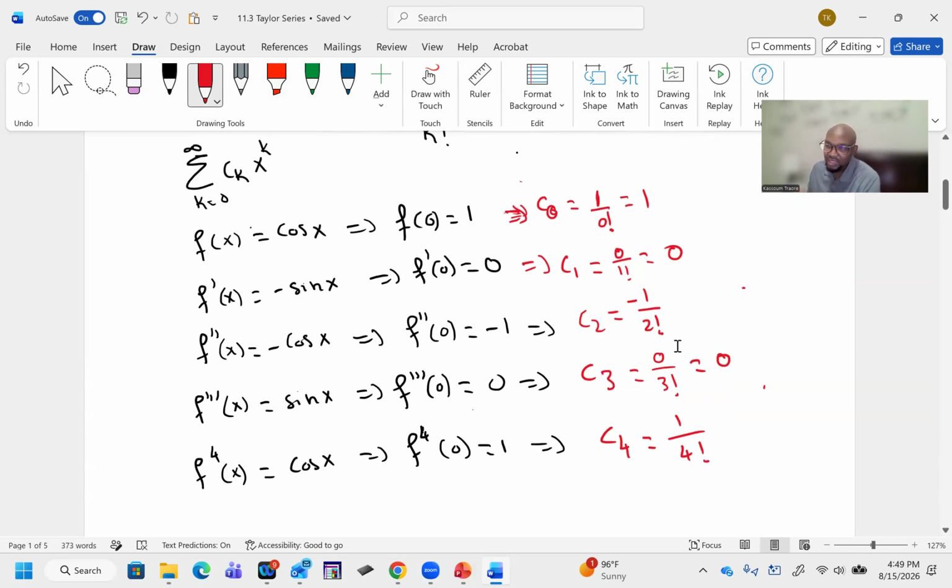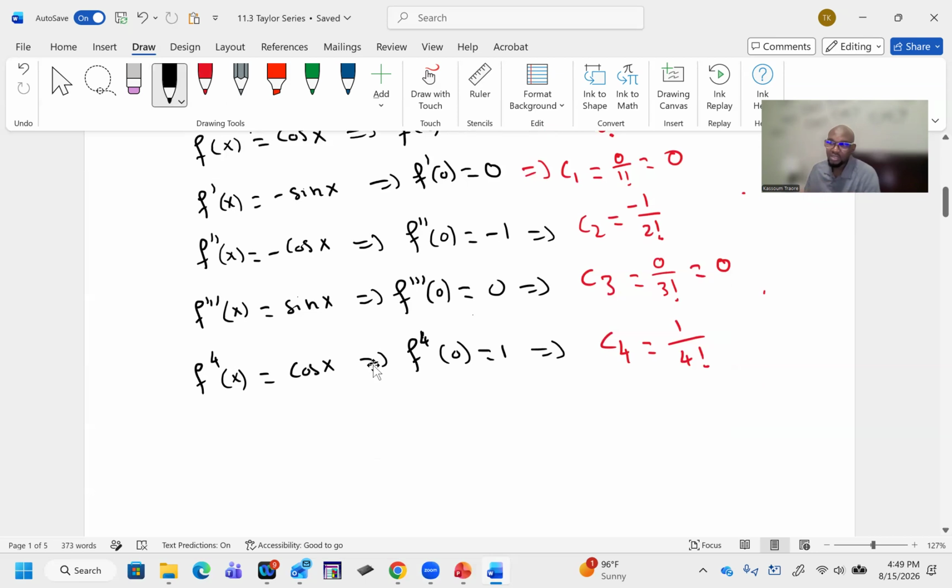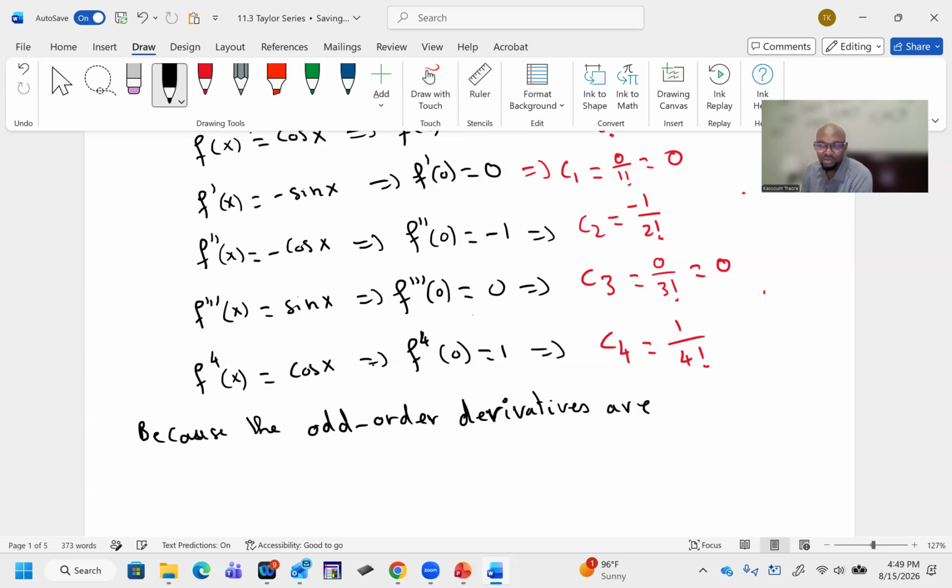So that is why we can set, let me write this down so you can read, because the odd order derivatives are zeros, right?